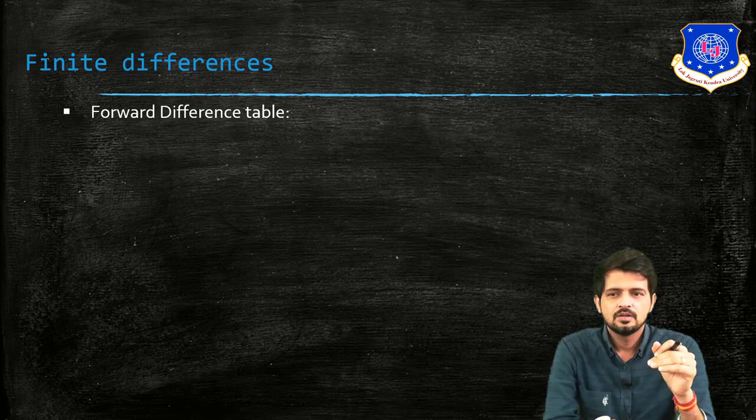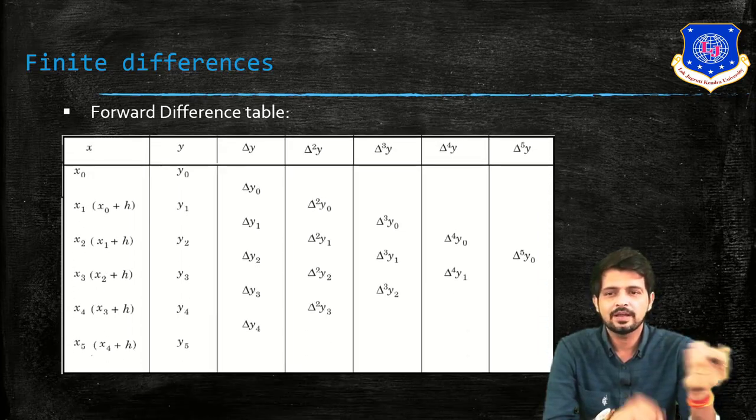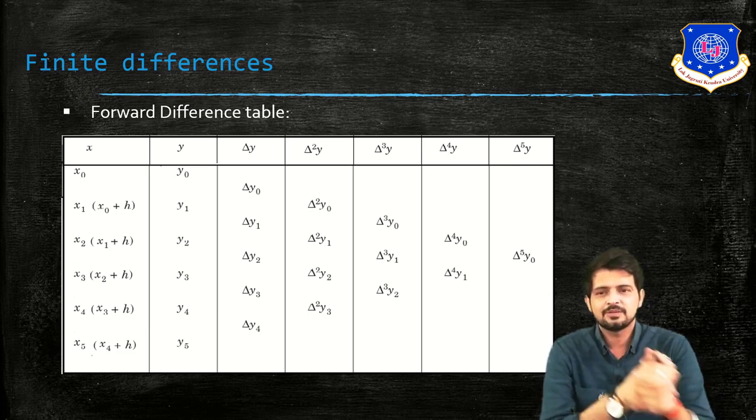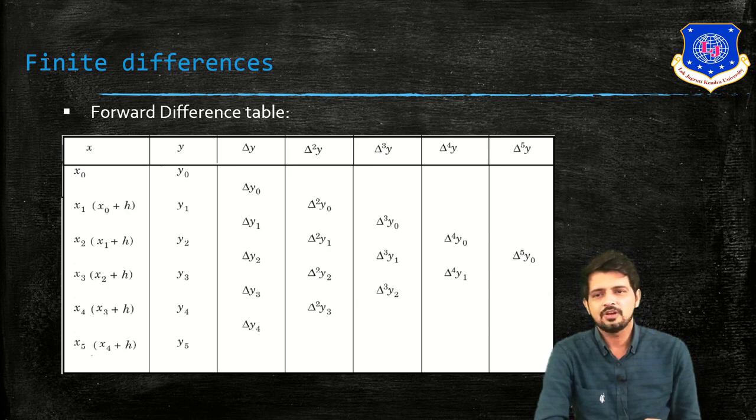Okay. On the basis of this we can draw the forward difference table. How can we draw the forward difference table? See, here I have shown a forward difference table in which the first column is argument. Argument is nothing but our x. x is known as argument. This is the function value.